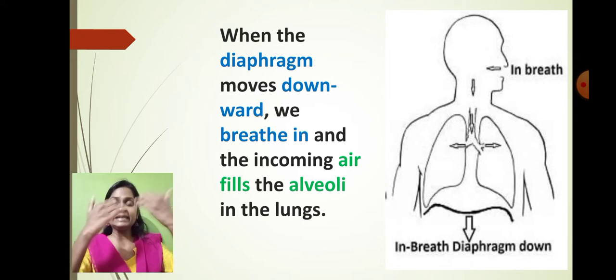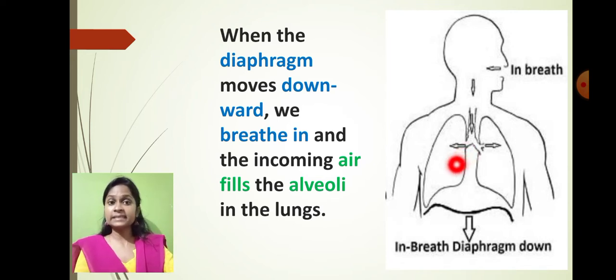Maximum air we intake, the maximum air pressure is created inside the lungs, and because of this air pressure, the diaphragm pushes downward. So when we inhale, when we breathe in, the diaphragm moves downward. Got it, what I told you? When we take the air inside, air pressure is created inside the lungs, and because of the air pressure, the diaphragm is shifted downward.